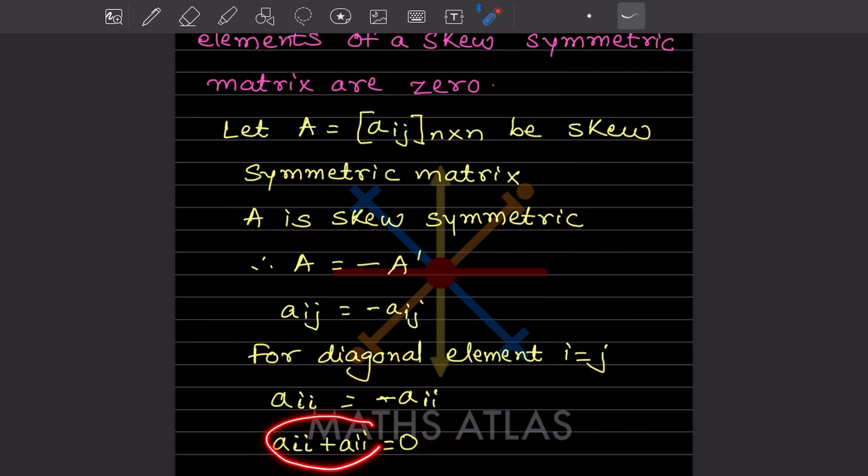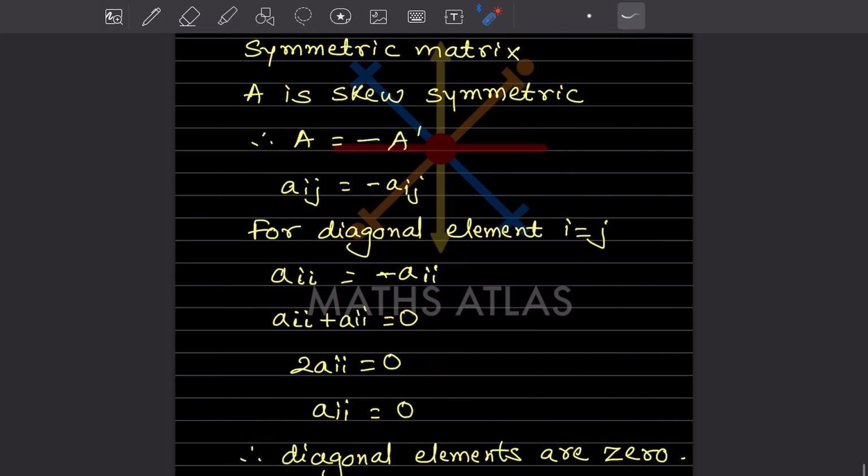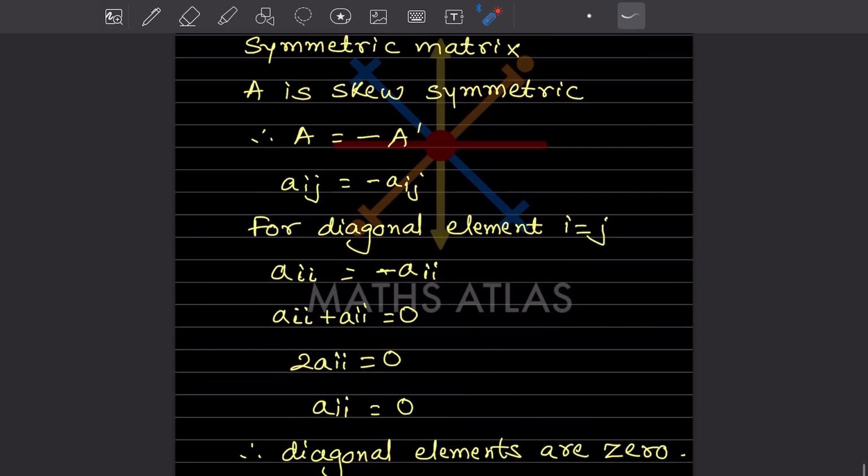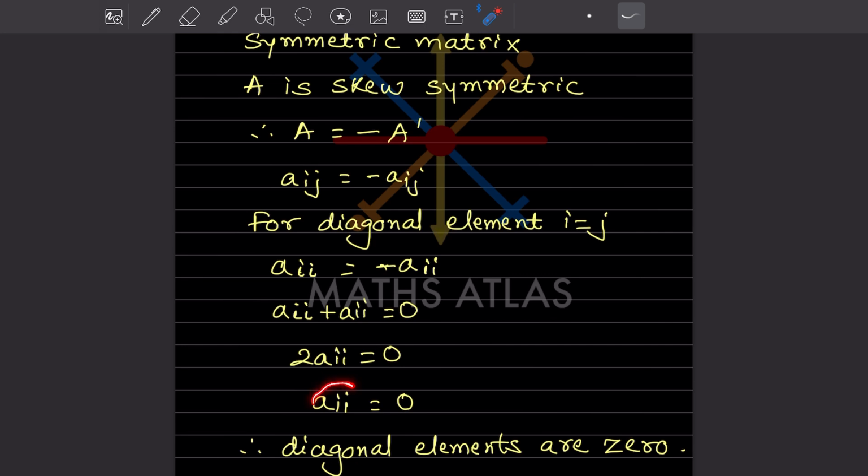So when you add this, you get 2aii, that is 0. So now you want aii, so this is going to be 0. If this 2 goes on the other side, this will be 0. So aii is 0. Therefore we can say diagonal elements are 0.